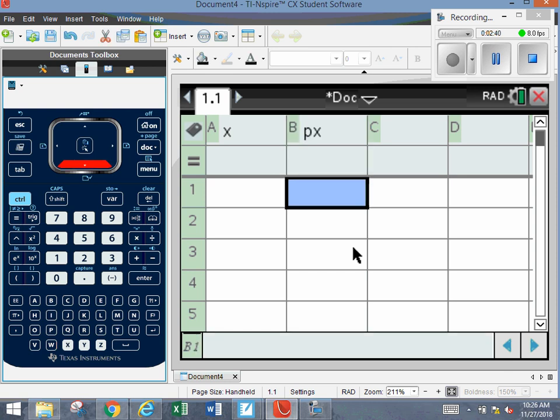Why? Because it does not want you to make a variable reference while you're naming a column. You can make variable references in the field below your title of your column, but not in that one.